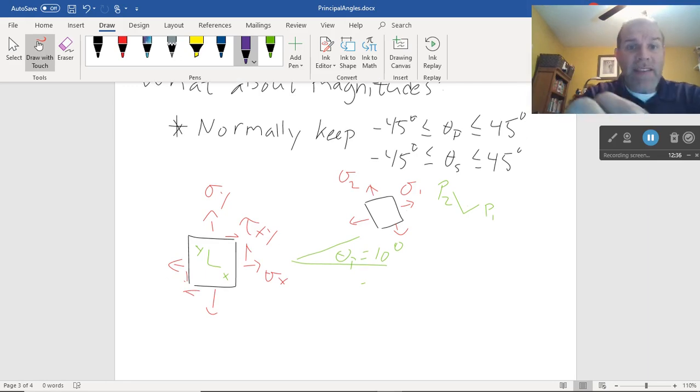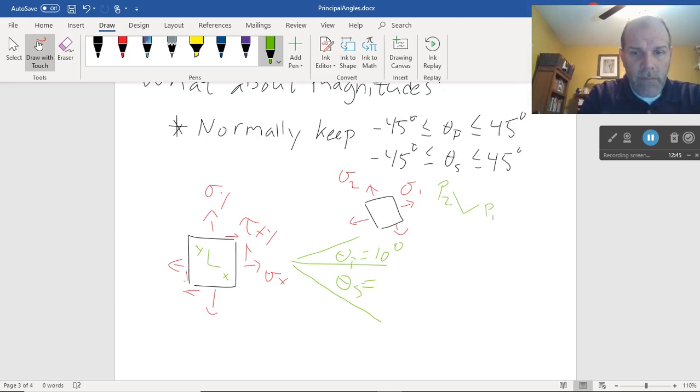So what you can say from here is, if you want to find the angle to maximum shear, I can say that theta s equals theta p minus 45 degrees.